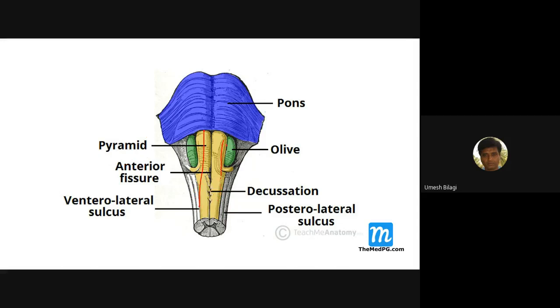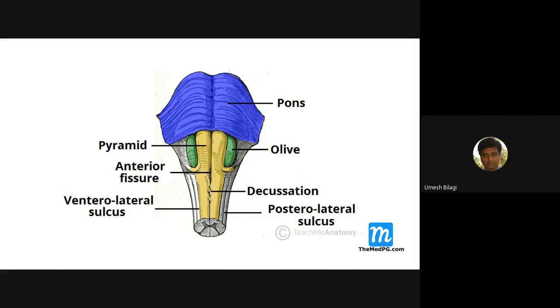This part is pyramid. Next to the pyramid there is the anterior medial fissure, and one more fissure, the ventrolateral fissure, then the posterolateral fissure. There are three fissures on the anterior surface.